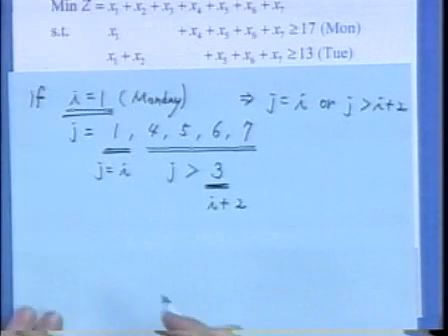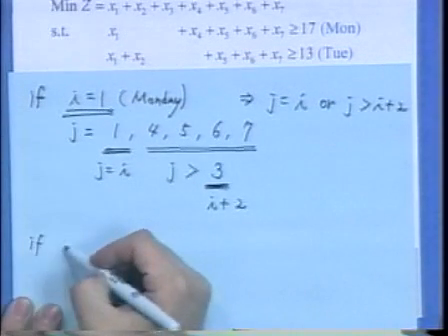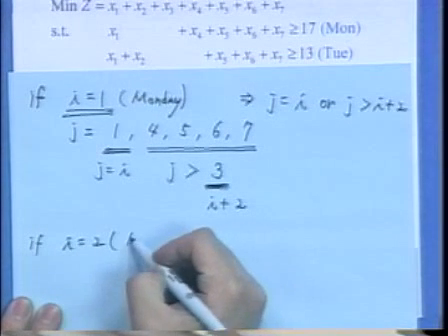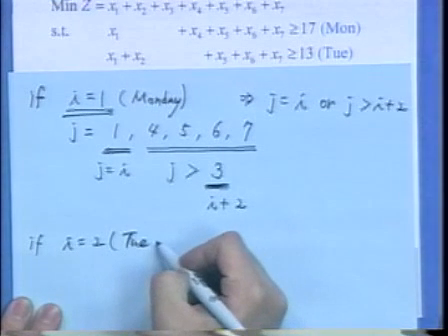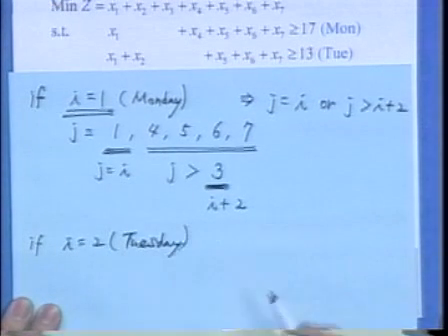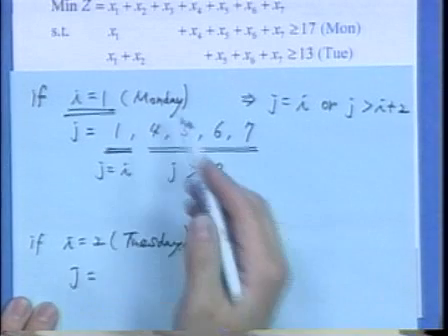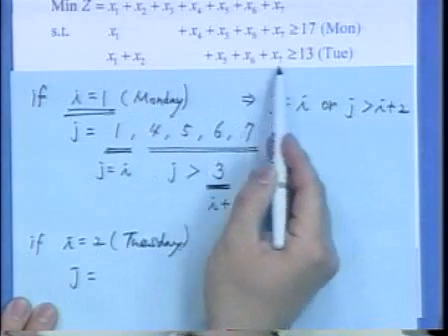What about the Tuesday constraint? If I equals 2, that is Tuesday, j can take the values of 1, 2, 5, 6, 7, right?